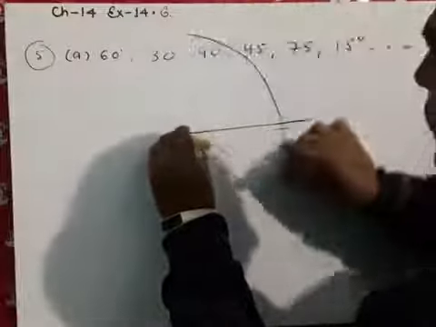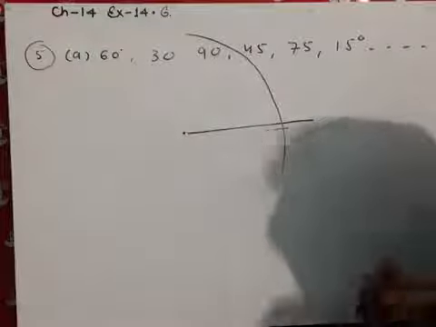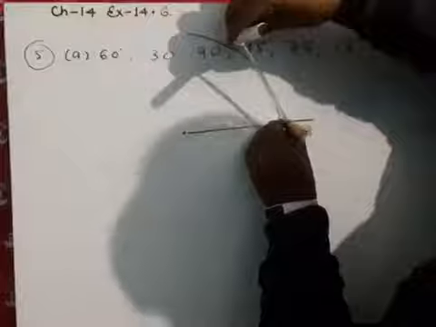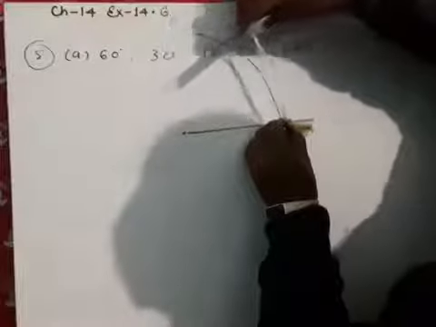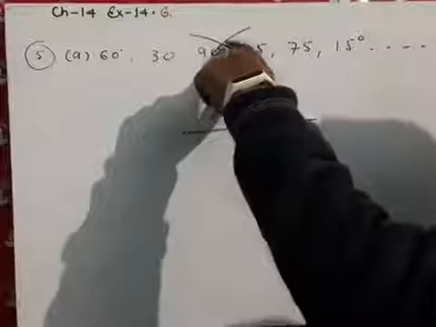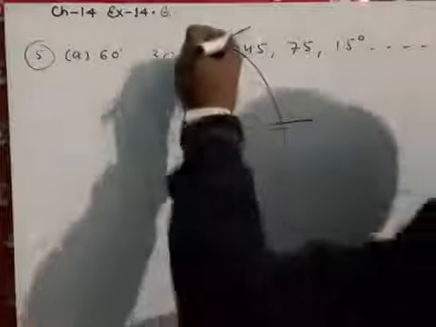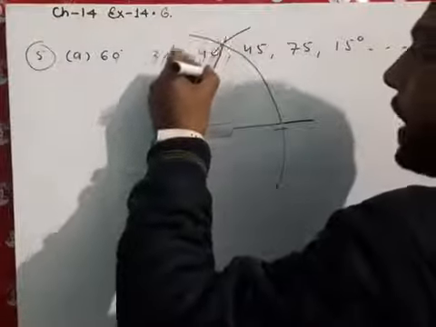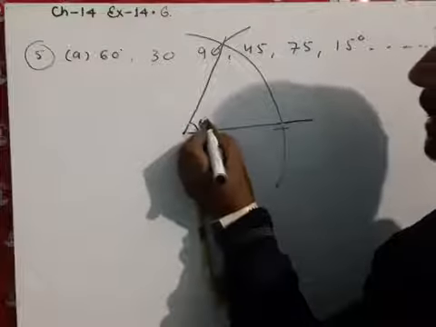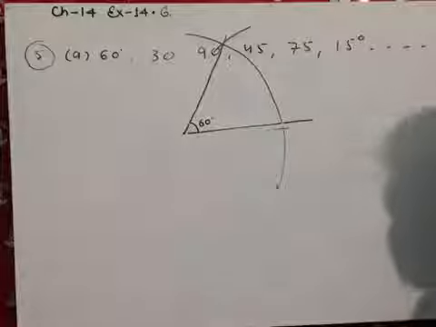Next, put your compass here, and by the same distance make one more arc. Where both arcs intersect, you join that point, and this will be the angle of 60 degrees. Whenever you do this, it will always be the angle of 60 degrees.